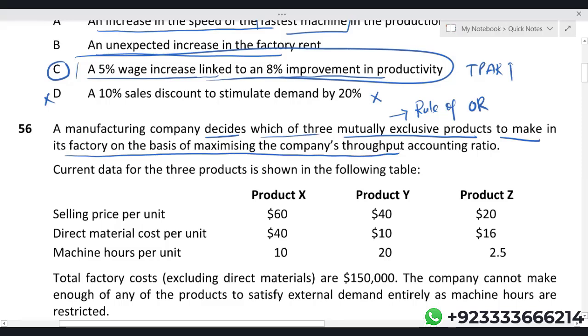You need to decide: either you work on X, Y, or Z.